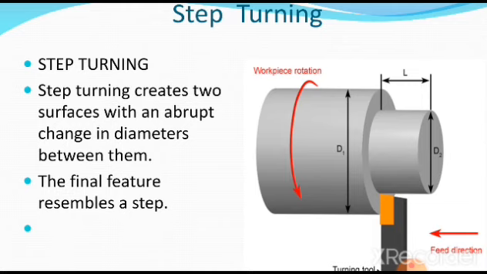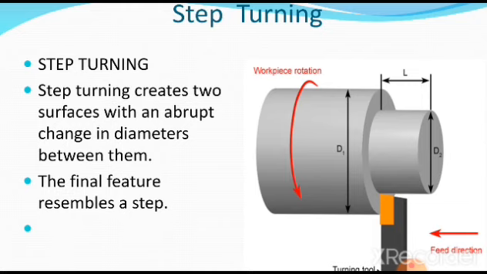When we reduce the diameter from D1 to D2, there is no need to give a very high difference of depth. We can reduce from D1 to D2 stepwise, not at one time. Suppose D1 is equal to 25 and D2 is equal to 20. We are not reducing from 25 to 20 at a stretch with a certain depth of cut.